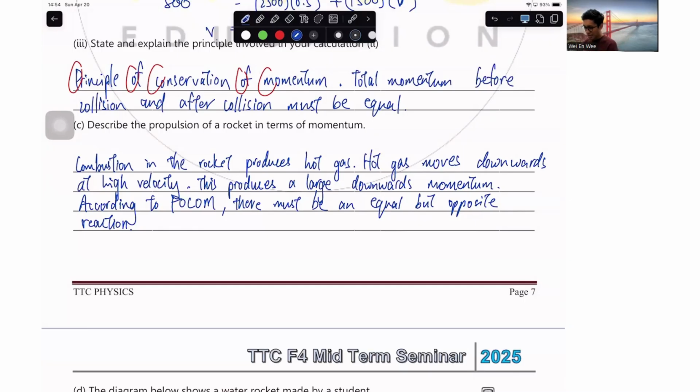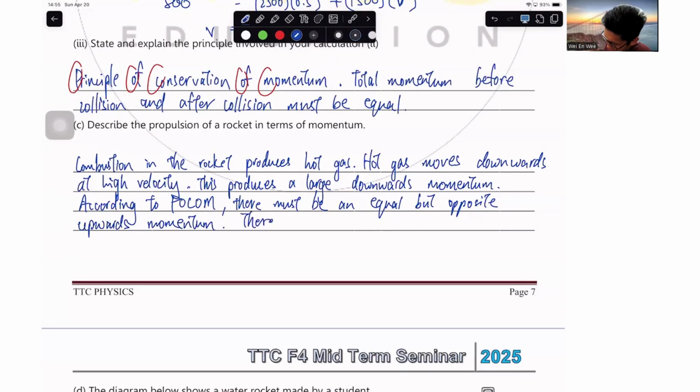So there must be equal but opposite. You can even say equal but opposite upwards momentum if you want. Because you already know that one was downwards, so the equal but opposite is upwards momentum.